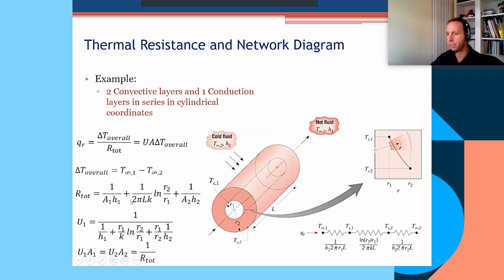You end up with a resistance, even though it's conduction, which is different from the one we just looked at, L divided by kA. It's shown here through the conduction layer. The convection layer hasn't changed, but the area open to convection is larger here than here. So you end up with an area that's not the same depending on where you're positioned, so very often you have to be a little bit more careful in that context.